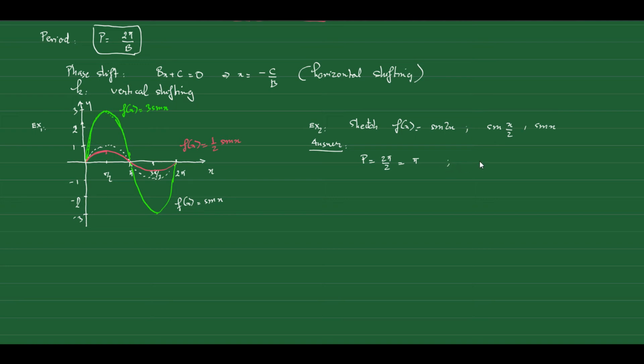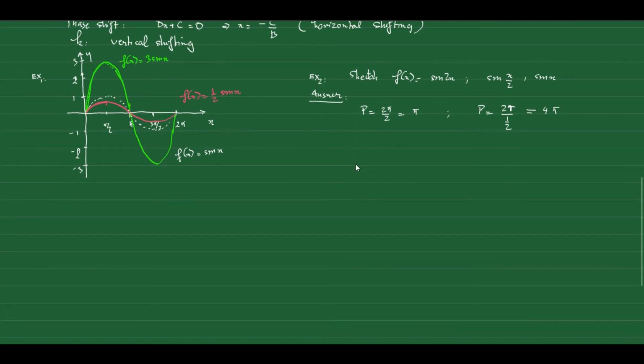And over here the period will be 2 pi over a half, which will be 4 pi. So the period is different, and it could be compressing horizontally or stretching horizontally. You don't have to worry about the b value in front of the x anymore, because we already used it to calculate the period.